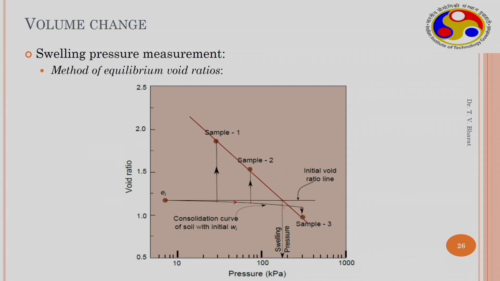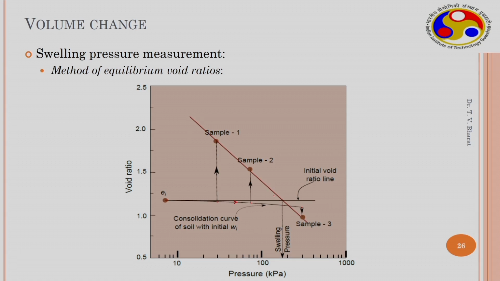Then it exhibits swelling when the load is below the swelling pressure value, and when the mechanical load is more than the swelling pressure, it starts collapsing or volume decreases. When you join a straight line combining all these equilibrium void ratios at the fully saturated state, wherever this line crosses the horizontal line extended from the initial void ratio, that corresponding pressure is the swelling pressure.